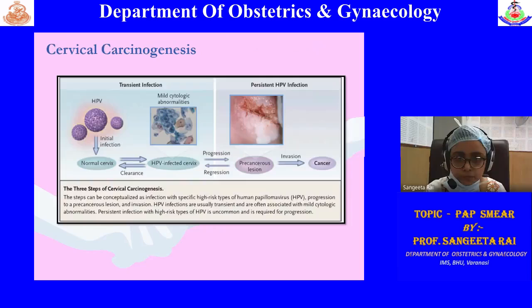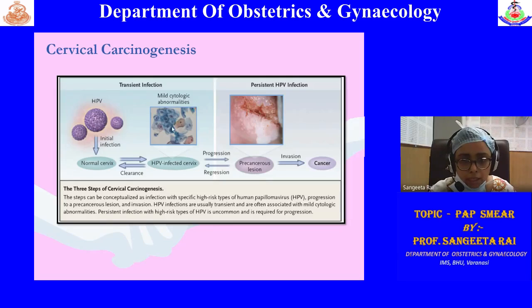In this picture you can see a human papilloma virus. Appreciate this diagram: there is infection of the cervix, the transformation zone, and there may be mild cytologic abnormalities, most commonly CIN1.